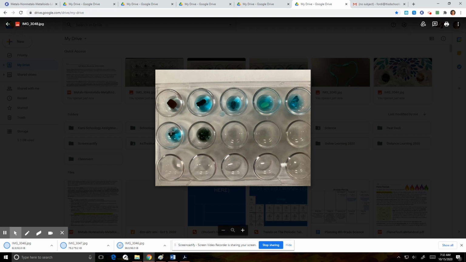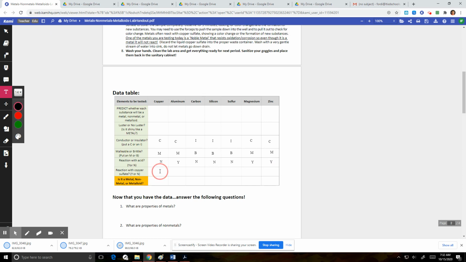The copper is actually a no. If I pulled it out of the solution, you would see that it does not change color, being that it's very highly resistant to corrosion. And then the last one, magnesium, was a definite yes. You can see all sorts of new substances formed and the definite color change. So we'll go ahead and fill those in our data table. The reaction with copper sulfate with copper was also a no. With aluminum, it was a yes.